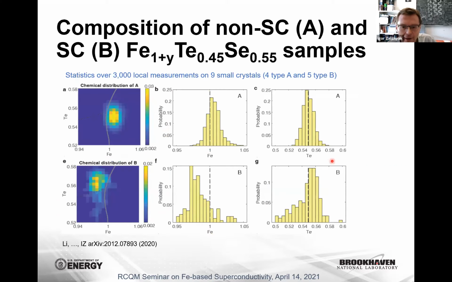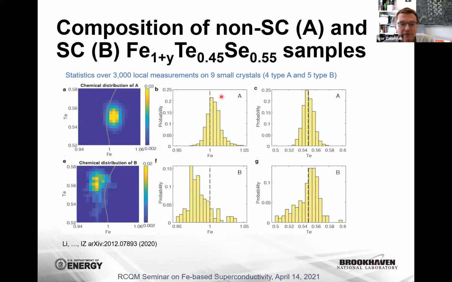So the main question we asked, based on the neutron scattering results, was: what is the composition of our samples? What this represents is a histogram of the compositional distribution measured on these humongous grids on 9 samples.